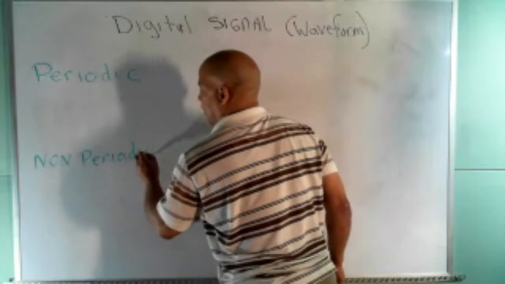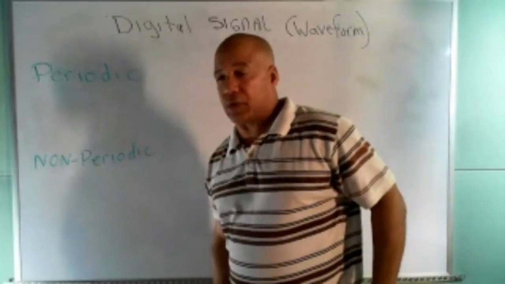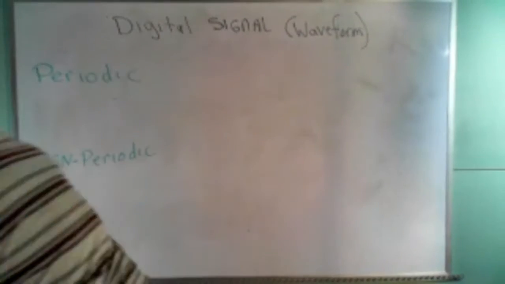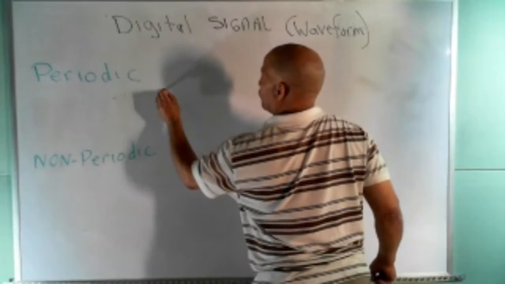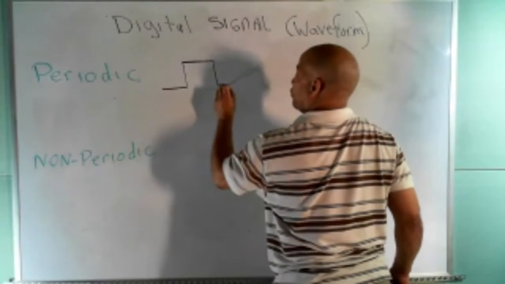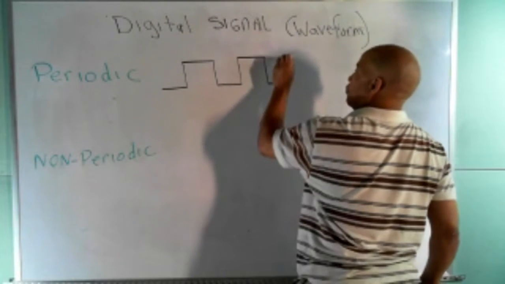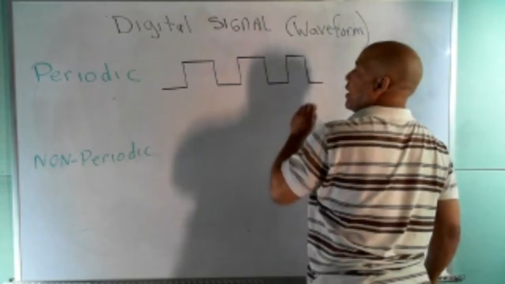Both of these are important. A periodic waveform is one that repeats at regular intervals. So it might look like this. There's a periodic waveform.